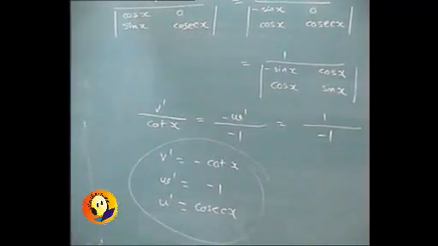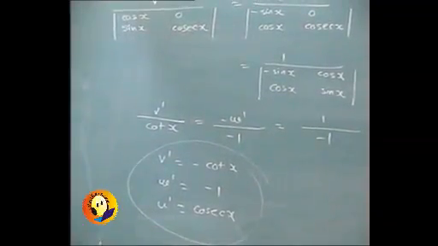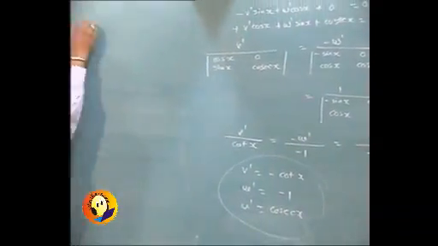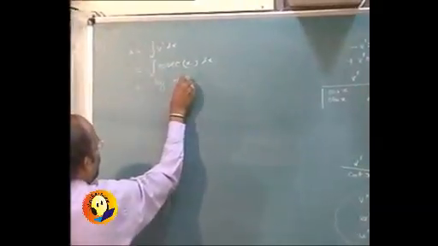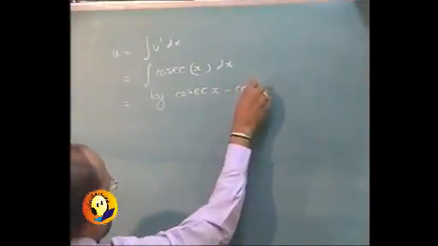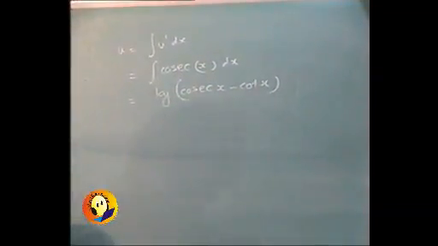So u will be equal to integral u dash dx, which is equal to integral cosec x dx. Integration of cosec x is log of cosec x minus cot x. We get the value of u.